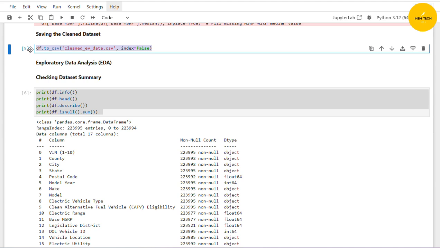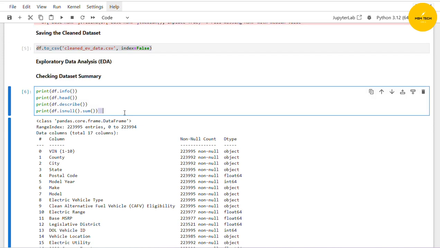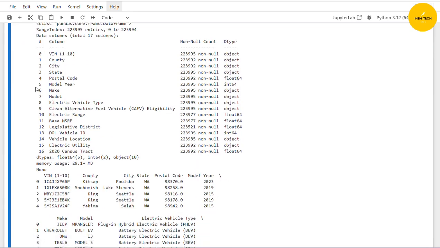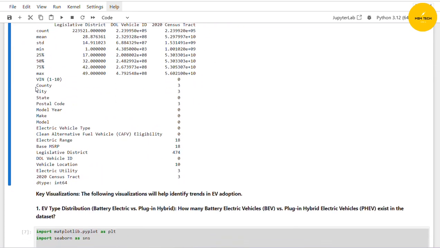We named it clean_ev_data.csv using df.to_csv. And the final dataset is inspected again, as you can see here, using df.info, df.head, df.describe, and df.isnull().sum() to confirm all cleaning steps were successful. That's the output.